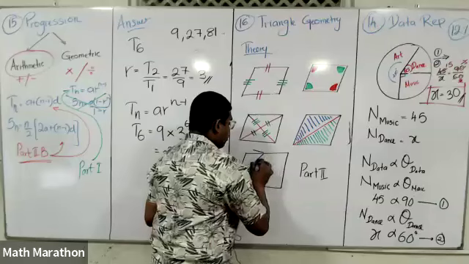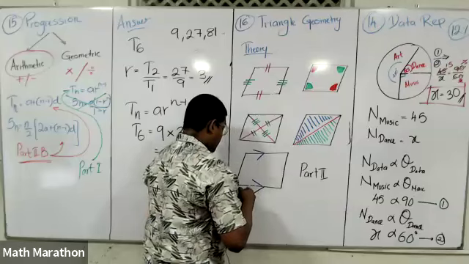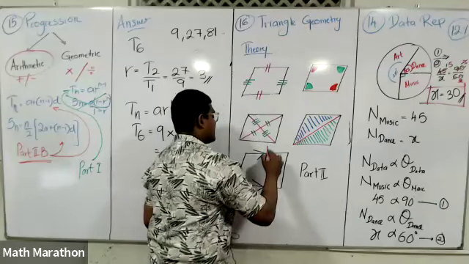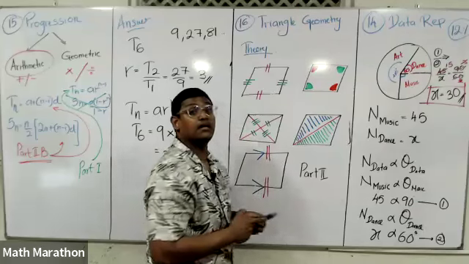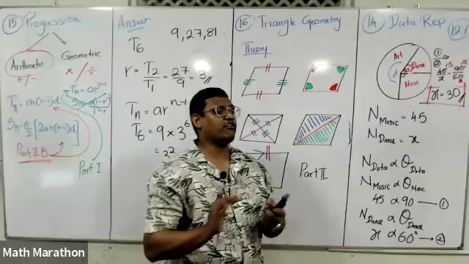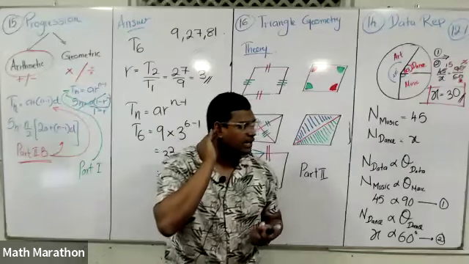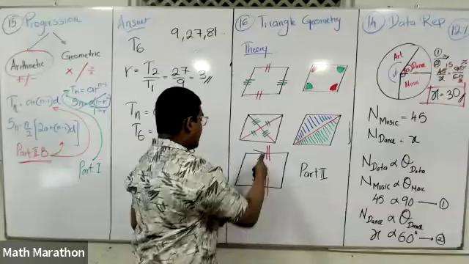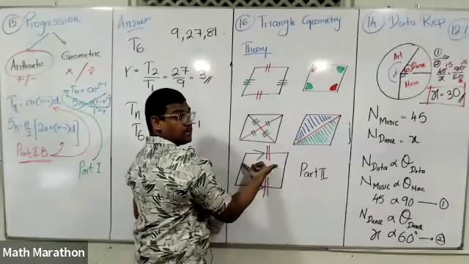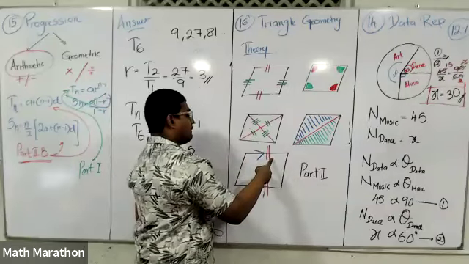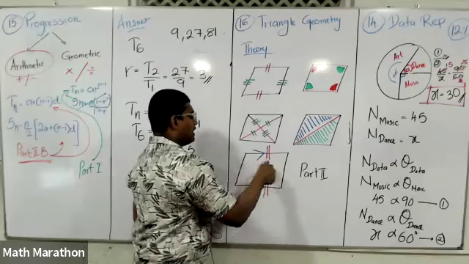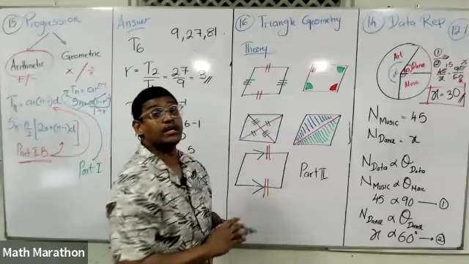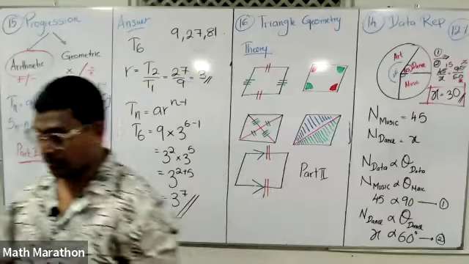If you can prove one pair of opposite sides are parallel and equal, then it is a parallelogram. You have to say only one pair. If you can prove one pair of opposite sides are parallel and equal, then you can say it's a parallelogram.